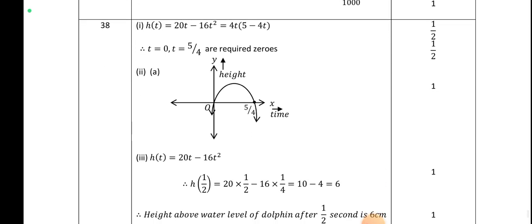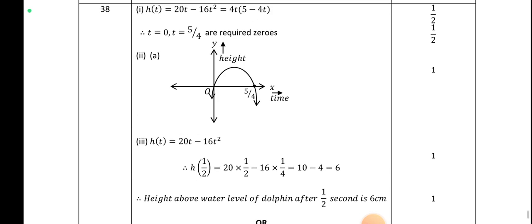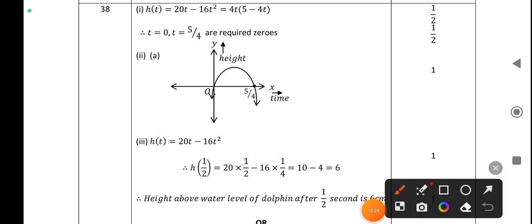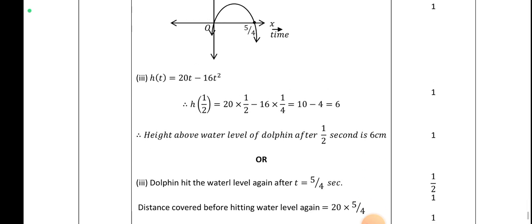So the 38th. Now you have to equate 20t minus 16t square with 0, and you get the answer. Then the second subdivision is covered by this sum, because of 5 by 4 and 0. They have given four diagrams, and you pick the one that satisfies: we got t equals 0, intersecting here, and t equals 5 by 4, again intersecting, so this is the correct diagram.